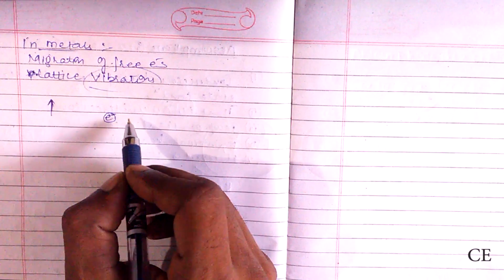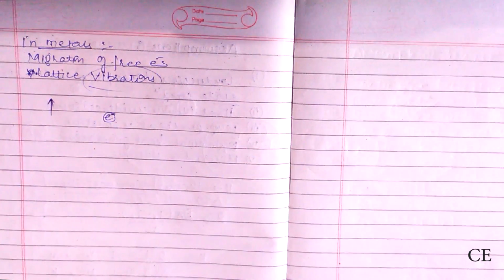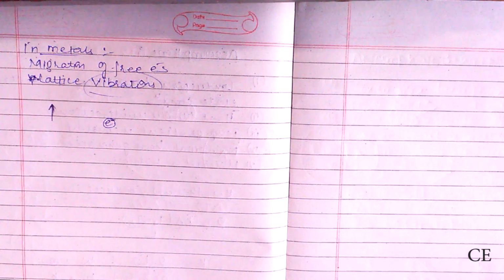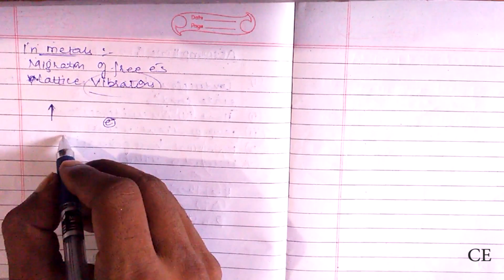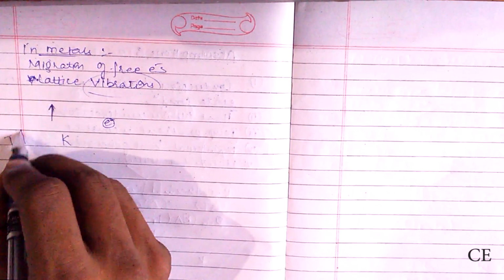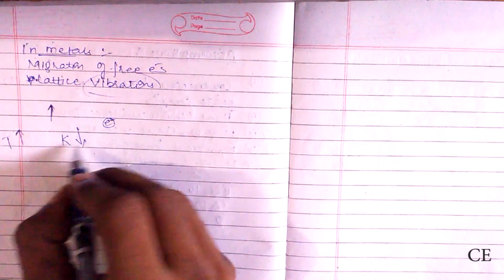Due to that, there is obstruction in the way of electrons, and that obstruction in the flow of electrons results in a decrease of the value of K. So it may result in a net decrease in the heat flow, and hence for most of the metals it decreases when we increase the temperature. For most metals, when we increase the value of T, the value of K decreases.